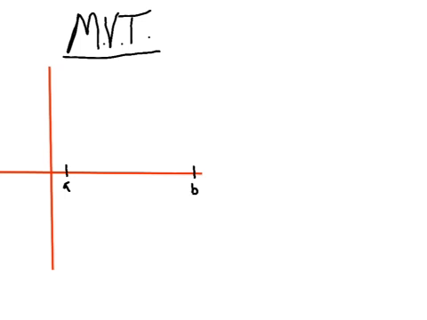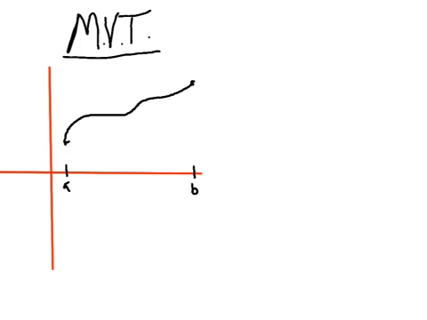Okay, so any function. Here we go. Here is our function from a to b. It's very continuous. There are no breaks. It's differentiable. The derivative can be taken.